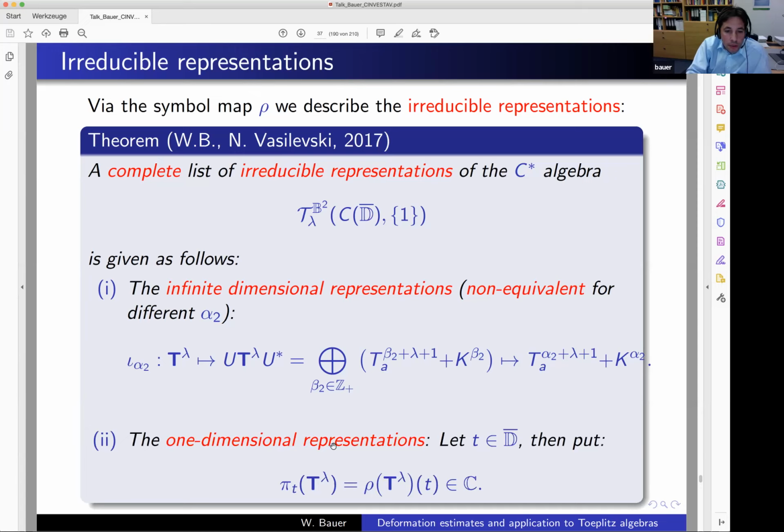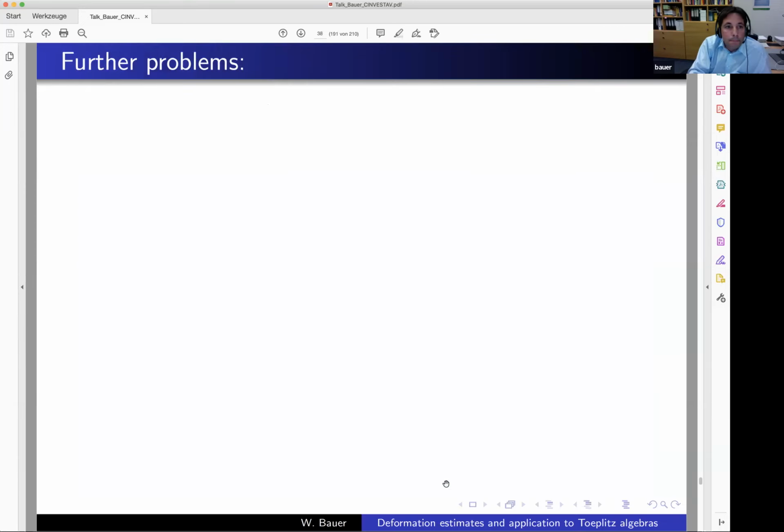And the other ones are one-dimensional representations which come from this quantization procedure. So you may pick an element t in the closed unit disk, and then you form from T lambda this symbol rho of T lambda, and you evaluate it at t. And this gives you all one-dimensional representations. And the statement is these are of course representations, but there are no others. These are all of them.